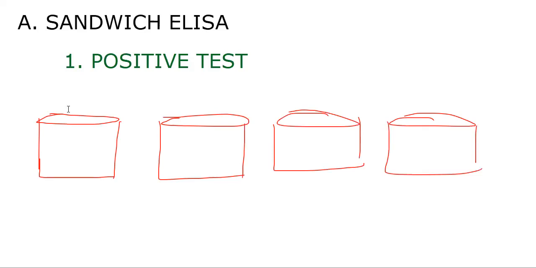And next, in case you are going to detect antigens, what do we need to carry in the laboratory? We need to carry antibodies. I'm going to draw the antibodies which are attached to the well.